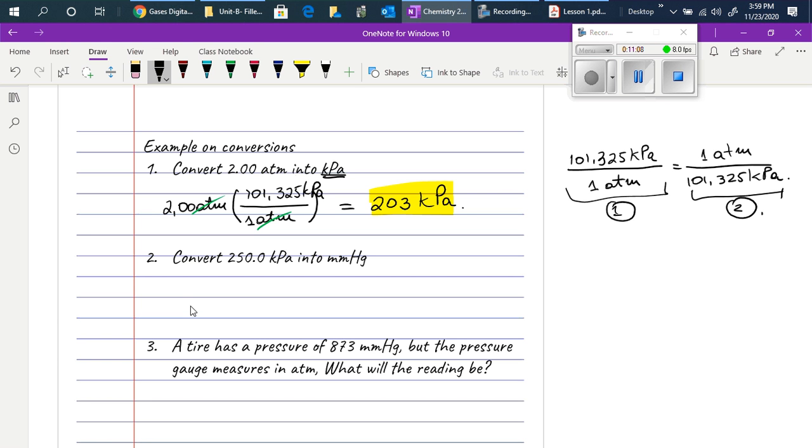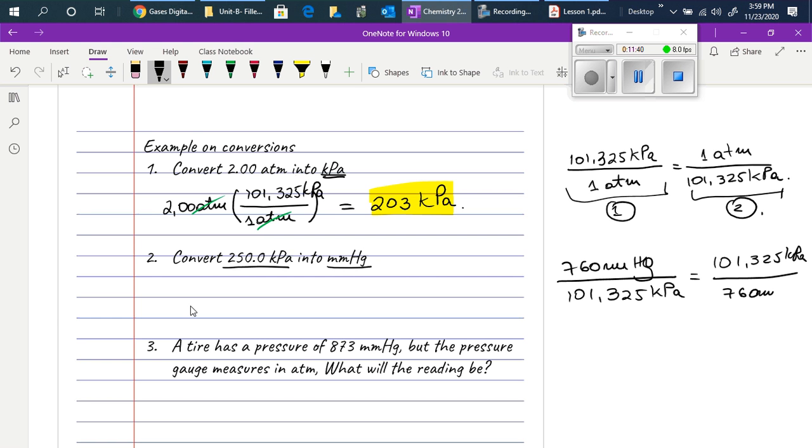Next, we are converting 250.0 kilopascal into mmHg. So what we have is 760 mmHg is equal to 101.325 kilopascal, or 101.325 kilopascal is equal to 760 mmHg.